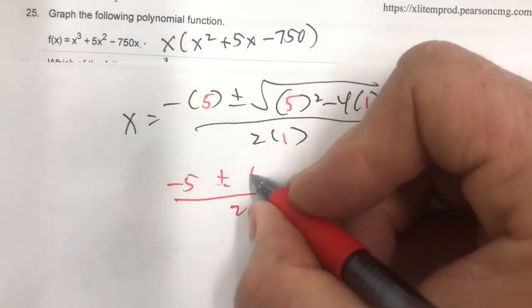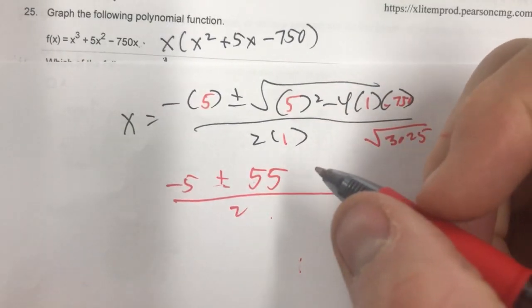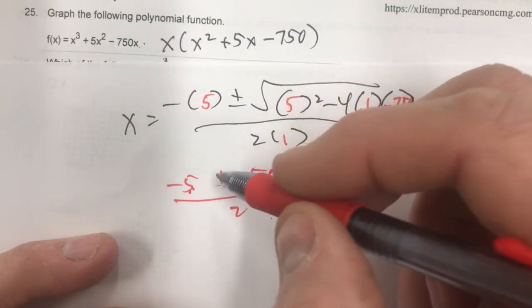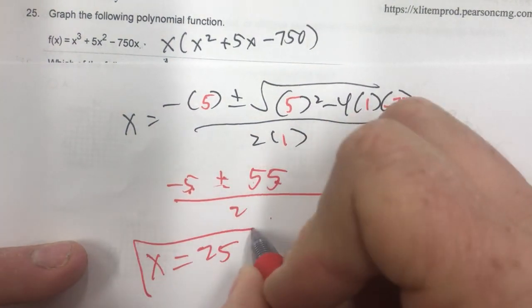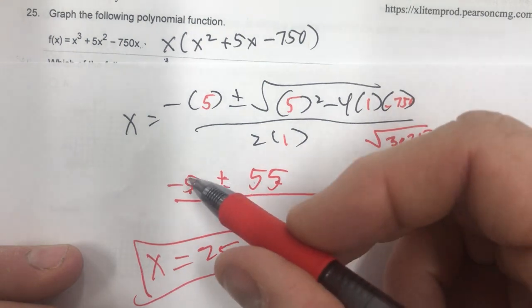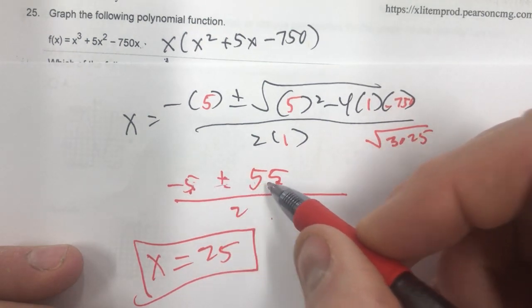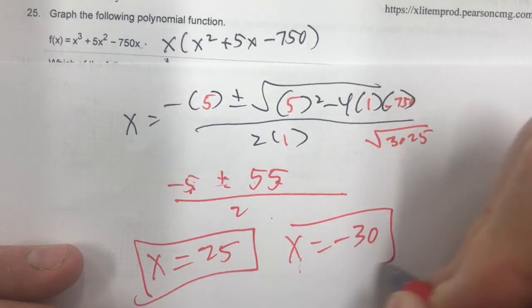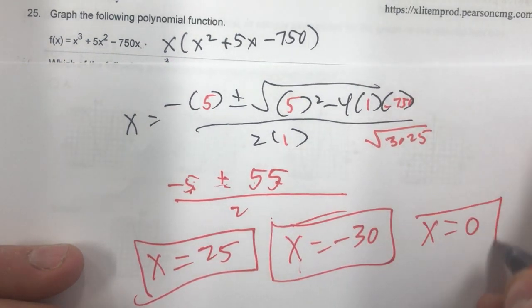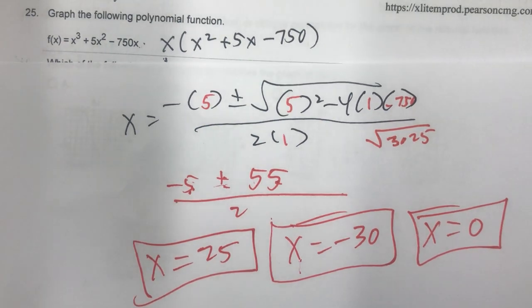Yes, 55. All right, so -5 plus 55 is 50, divided by 2 is 25. There's a zero. -5 minus 55 is -60, divided by 2 is -30. And we already knew x equals 0 was a zero. So here's my 3 zeros.